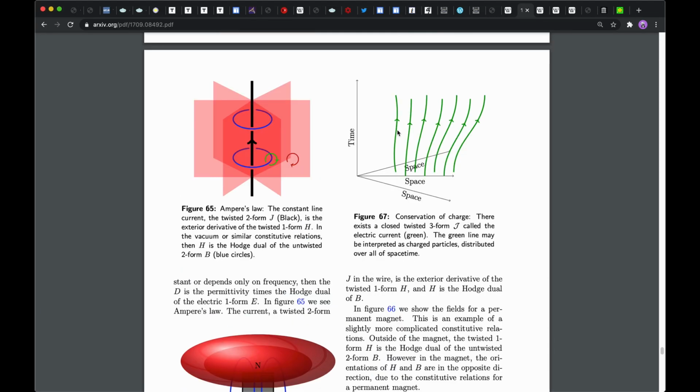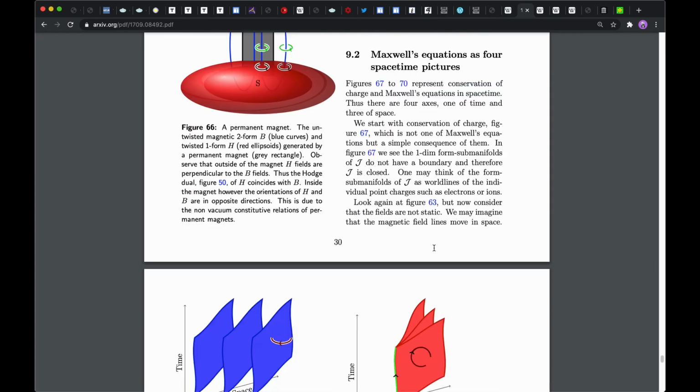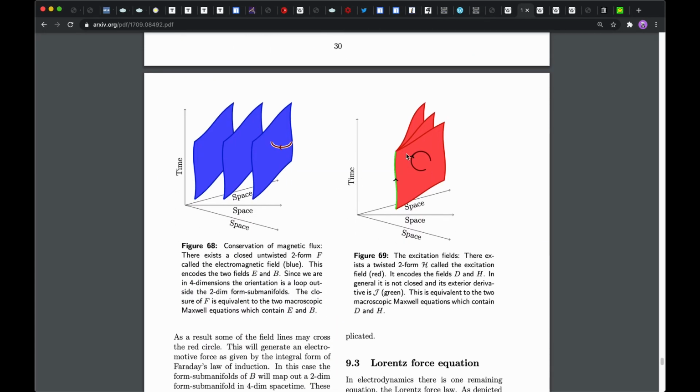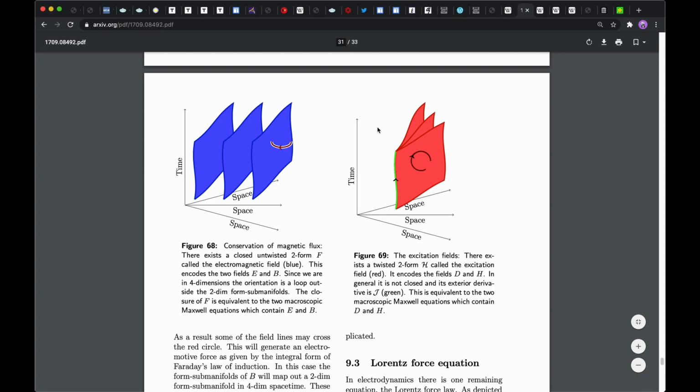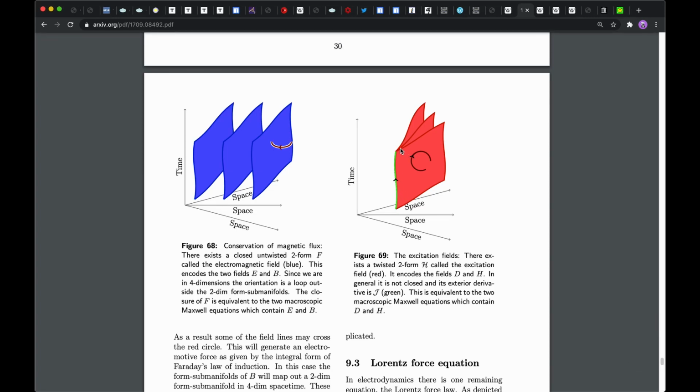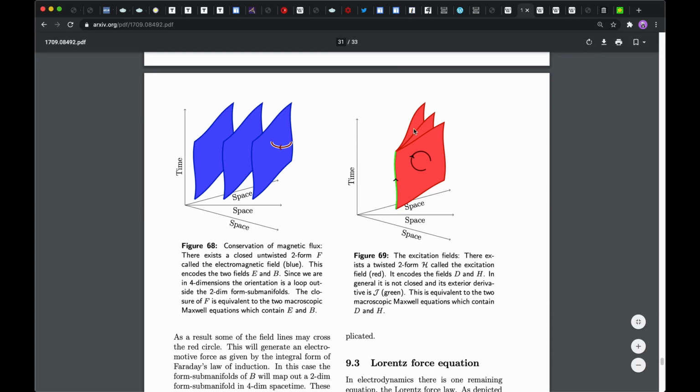By combining that intuition with figure 67, we will have a lot of those currents going through space-time, and therefore we will have similar two-forms here, which are the Hodge duals of those forms, and they will intersect by those currents flowing in space-time.